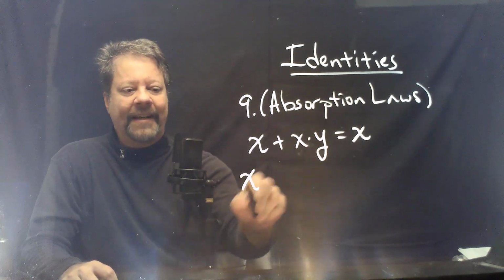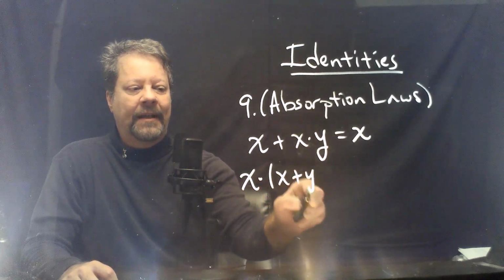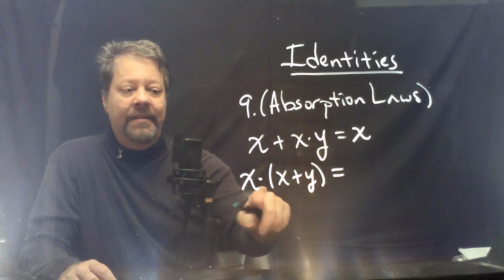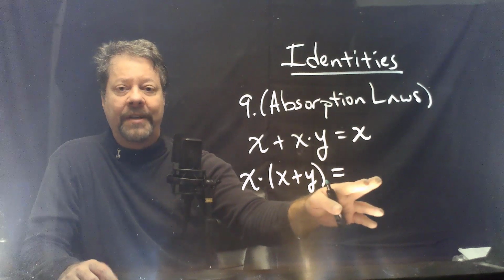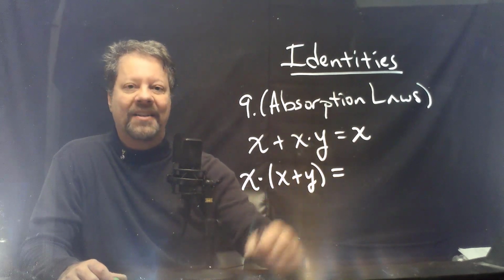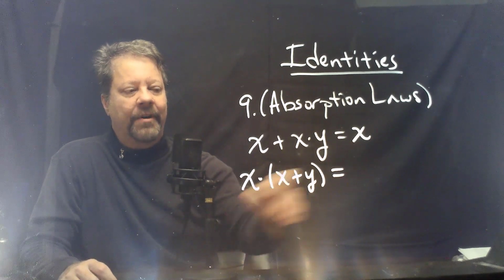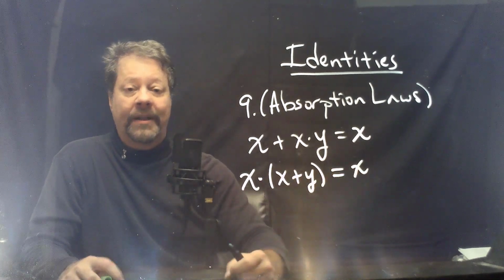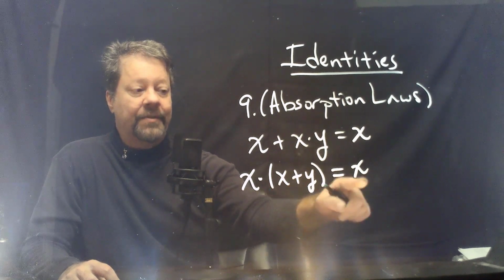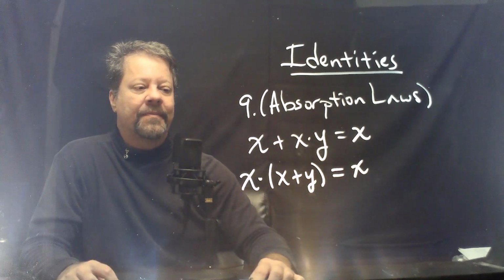Similarly, suppose you have x times x plus y. The only way this is going to be a true value on the other side is if both x is true and x or y is true. But if you already know x is true, why not just say x? If x is false, then the whole thing is false, and so you may as well just write false.